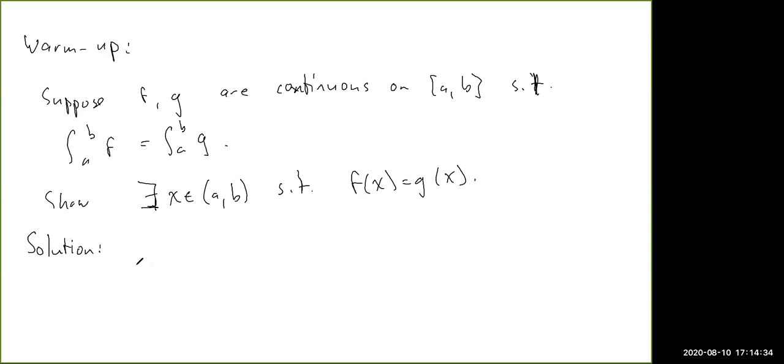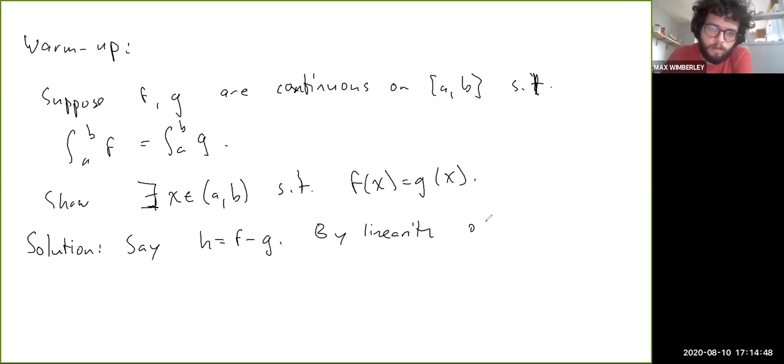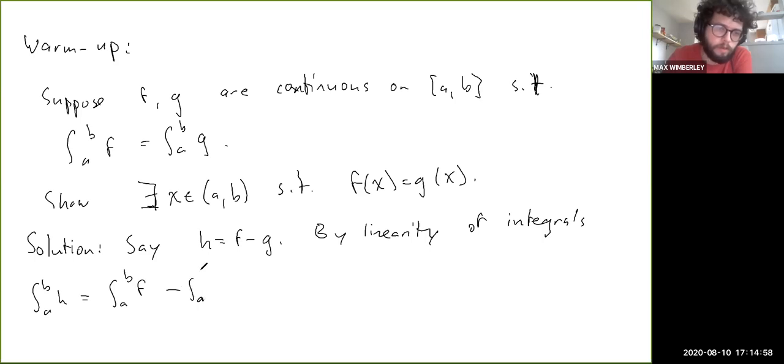We'd have to move one to the other side and define h as f minus g. Yeah, exactly. So let's say h is f minus g, right? Then by the linearity of integrals, the integral from a to b of h is the integral from a to b of f minus the integral from a to b of g, which is 0, right?